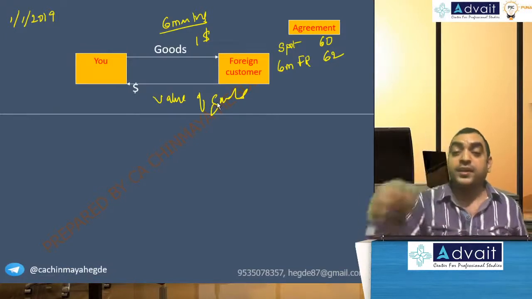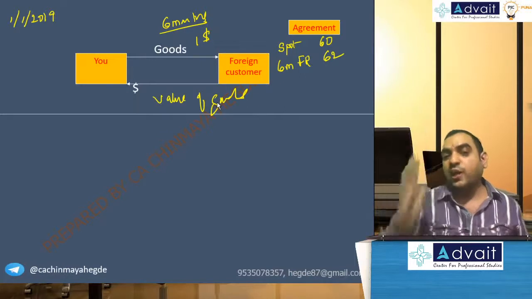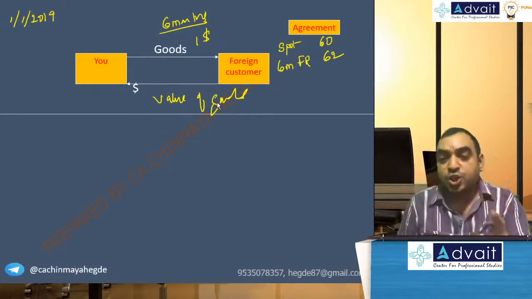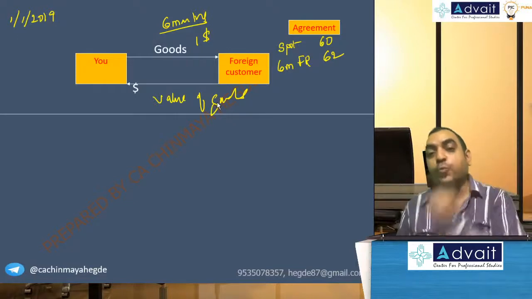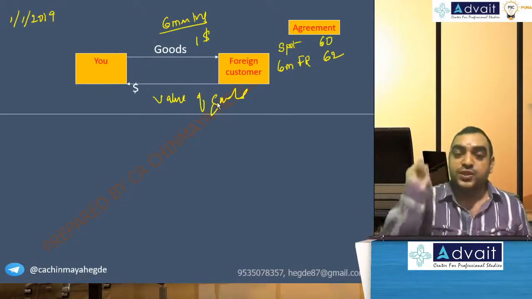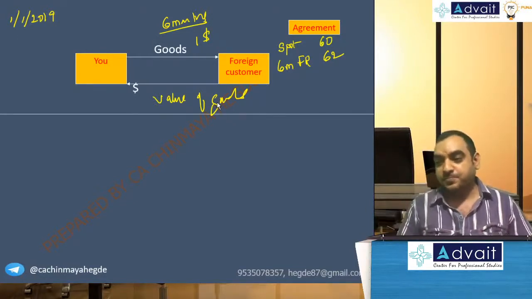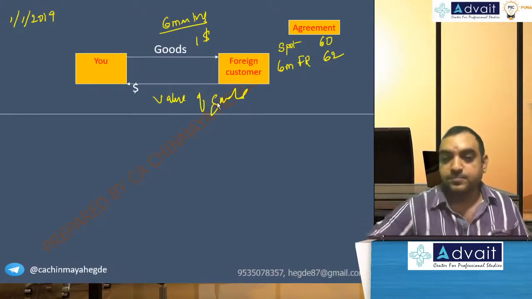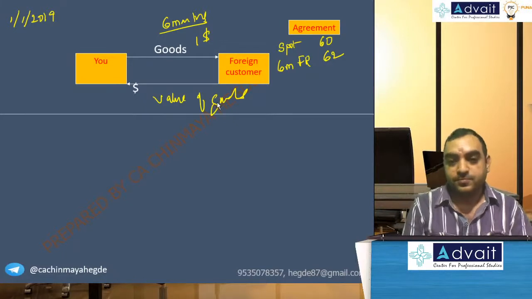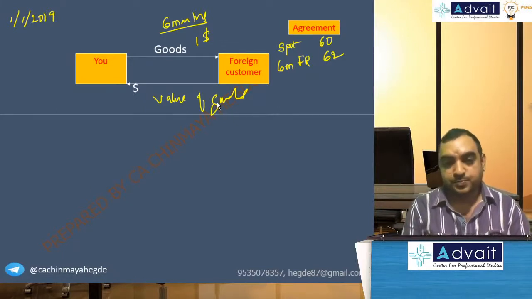Contract, agreement in India. At what value would you have sold? In short, what is the value of goods in rupee terms? 60 or 62?